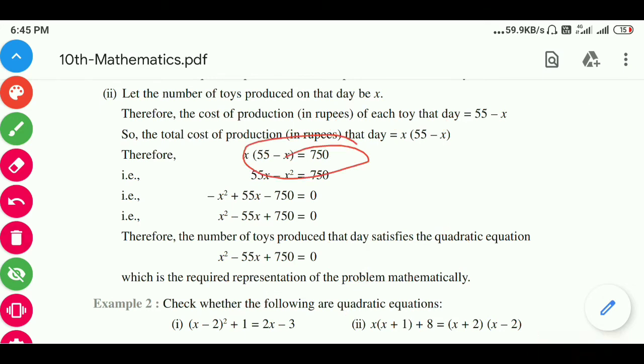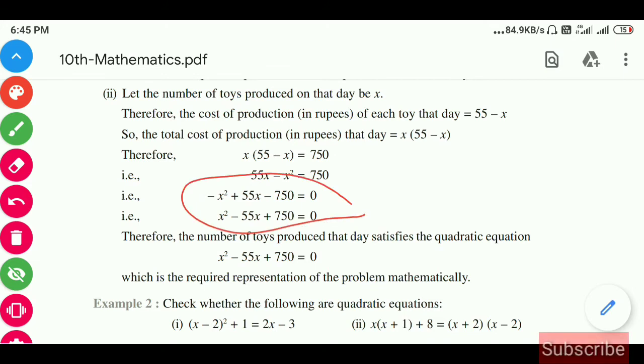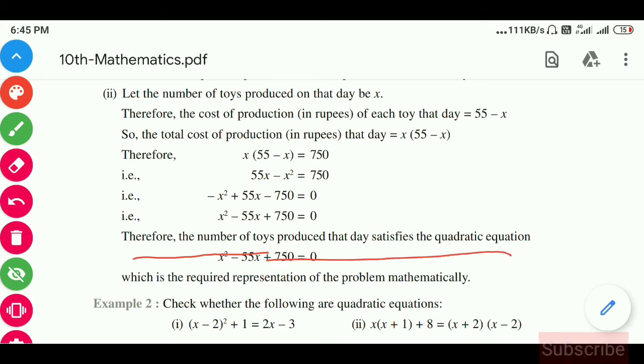This is the relation. Now when we resolve this bracket, we get 55x minus x square equals 750. We will be getting a quadratic equation. Now bring it to the standard form and simplify, and we will get the standard form of the equation. We are asked only to bring this equation into the standard form.